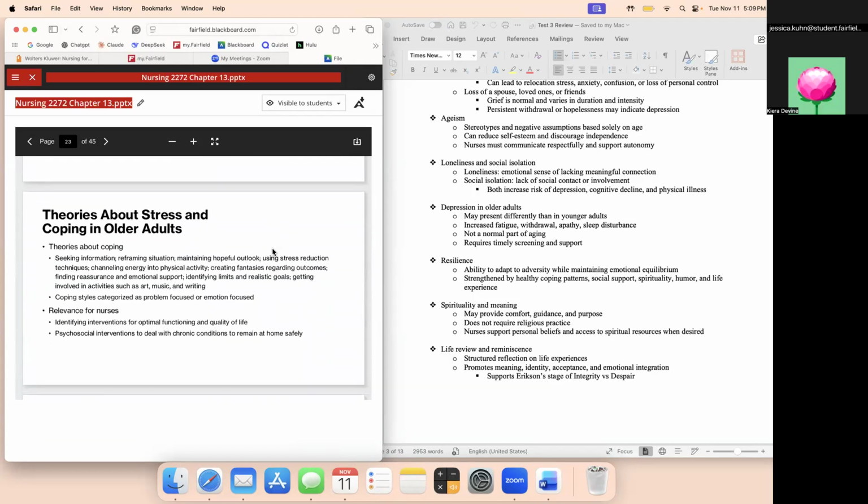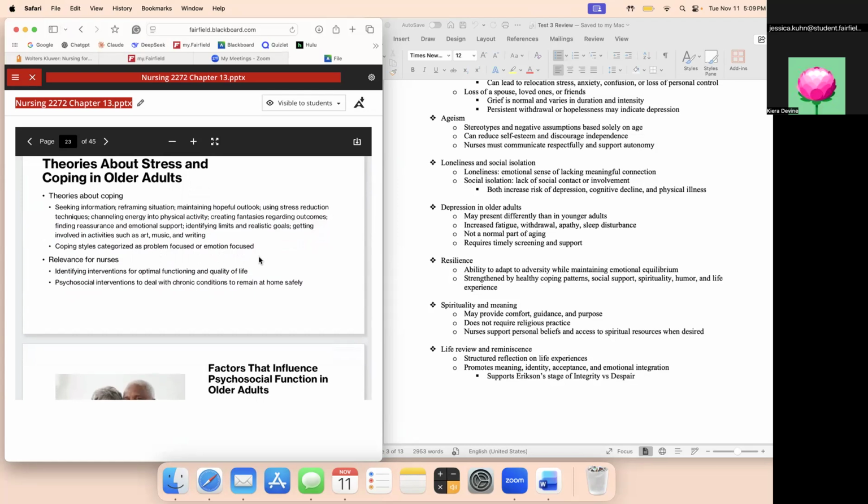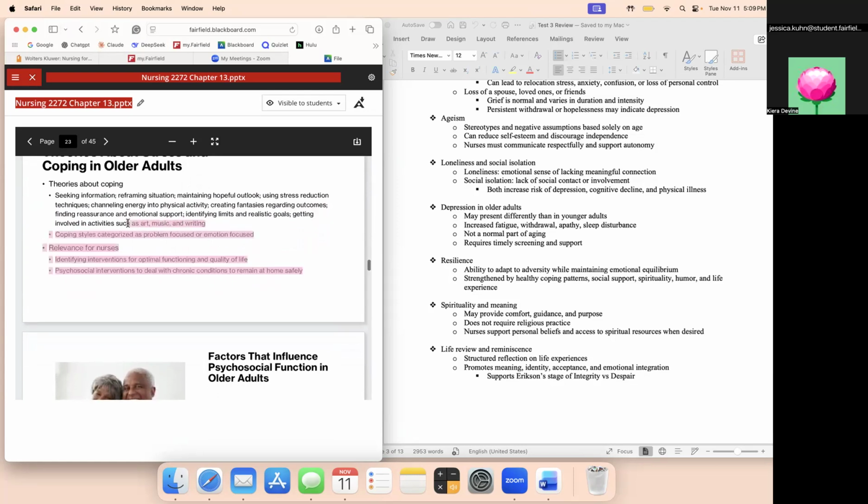Theories about stress and coping in older adults: seeking information. These are coping mechanisms that should be used: reframing the situation, maintaining a hopeful outlook, using stress reduction techniques, channeling energy into physical activity, creating fantasy, finding reassurance, getting involved in activities that involve the arts.